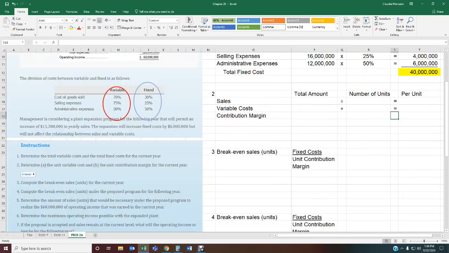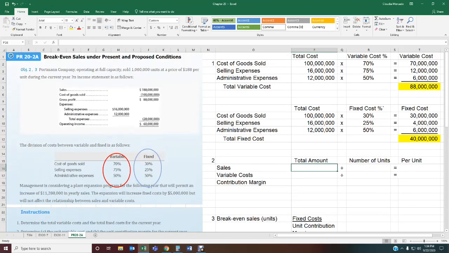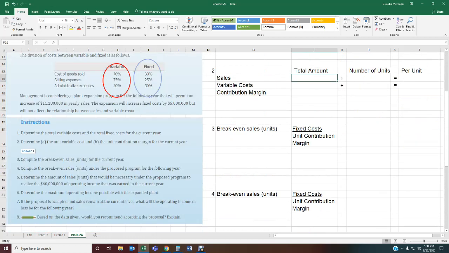Number 2, determine the unit variable cost and the unit contribution margin for the current year. So we're going to start off by getting our sales amount, and my sales was 188 million.